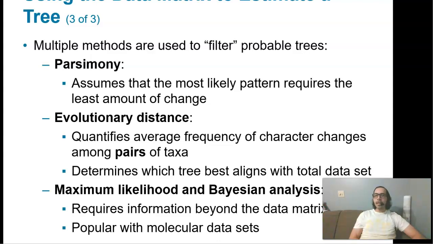And then there's maximum likelihood and Bayesian analysis. This requires information beyond the data matrix. Bayesian analysis adds another layer of probability to your statistical analysis.